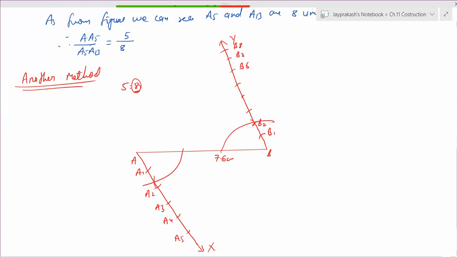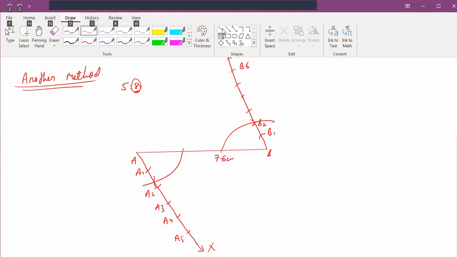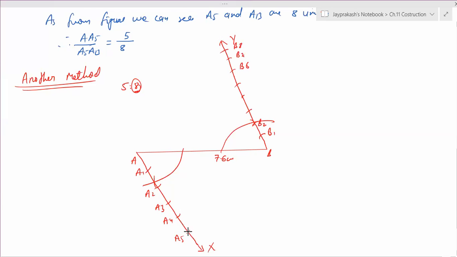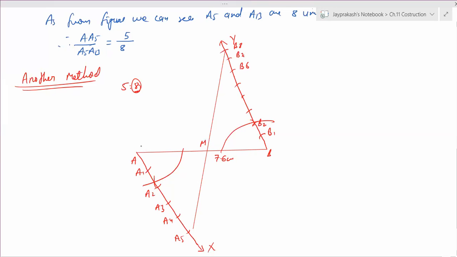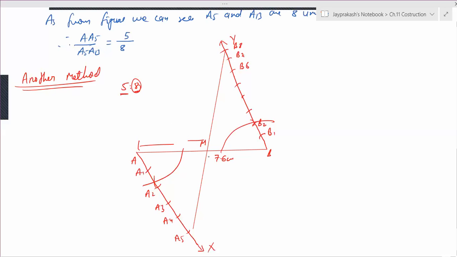Then the last step, join A5 with B8, that will intersect AB at point M. So ये जो होगा, that will be fifth part and this side BM. It means AM ratio MB is equals to 5:8.